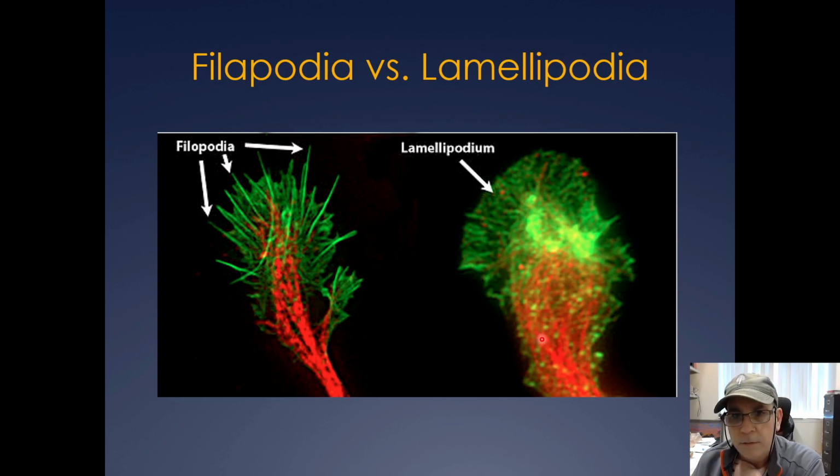So here's what lamellipodia and filopodia look like. Lamellipodia you can almost think of as cell rolling, where the cell just gets pushed along. Filopodia produce these little projections, and this is all mediated by actin. Actin is stained in green in both of these, and the microtubules are shown in red.